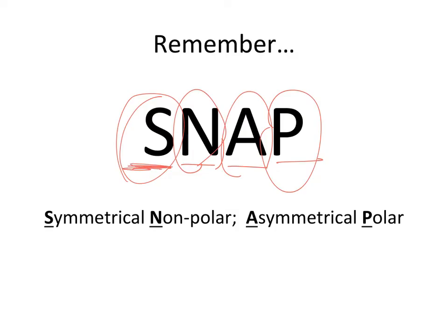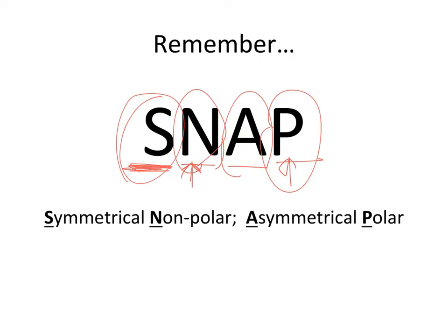And if the molecule is symmetrical and those bond dipoles or the bond polarities don't cancel out, we will be polar. But if they are symmetrical and they do cancel out, then we are going to be nonpolar. Now, a couple other things that we have to take into account about polarity.